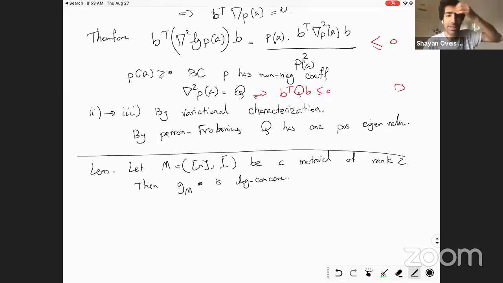This is a special case of the theorem I said at the beginning, the degree 2 case. As we will see, the proof of the theorem I'm going to discuss is an inductive proof, and this will serve as the base case of the proof. Okay, so why is this true?